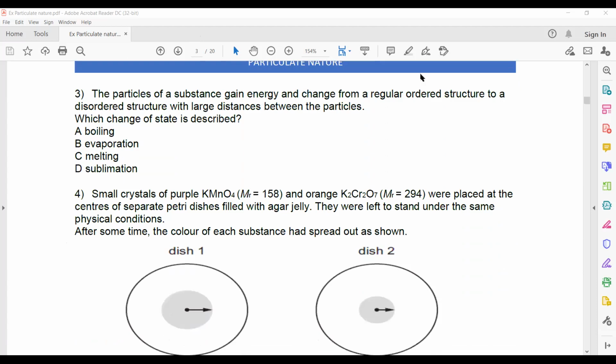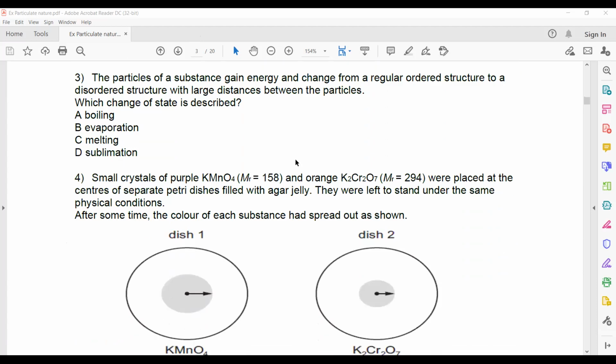Question 3. The particles of a substance gain energy and change from a regular orderly structure to a disordered structure with large distance between the particles.